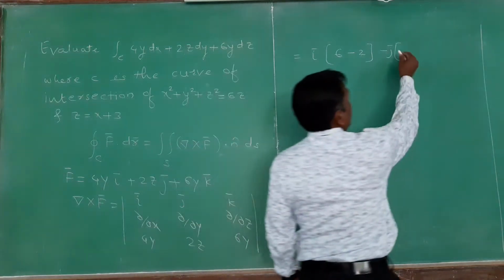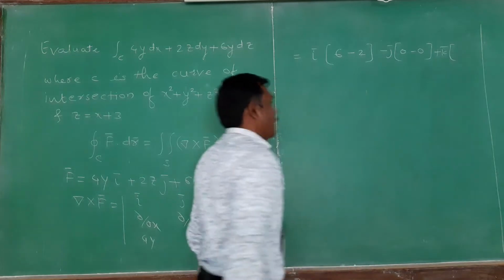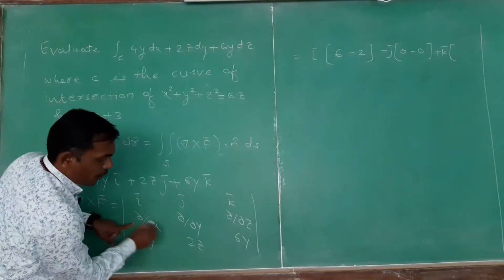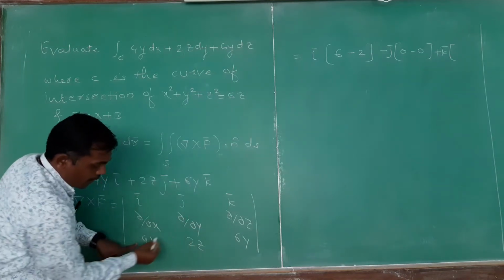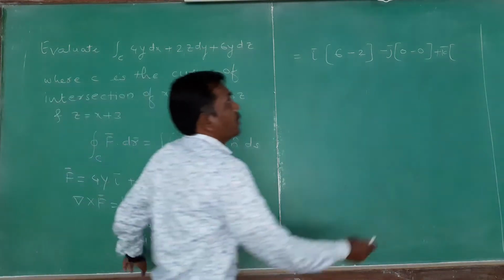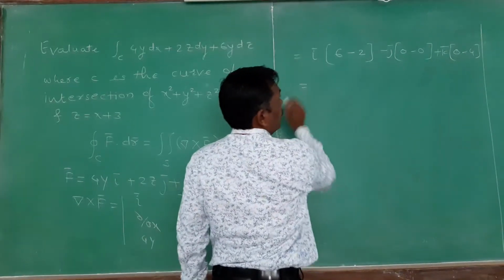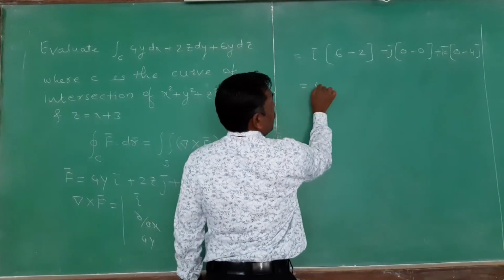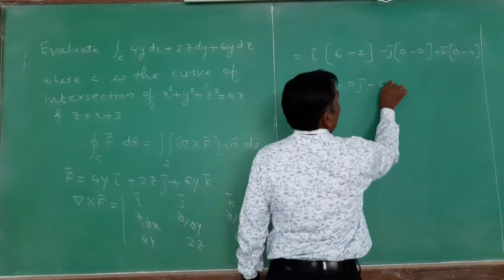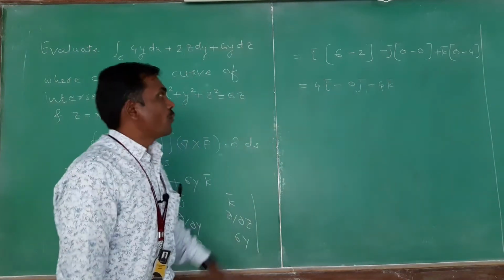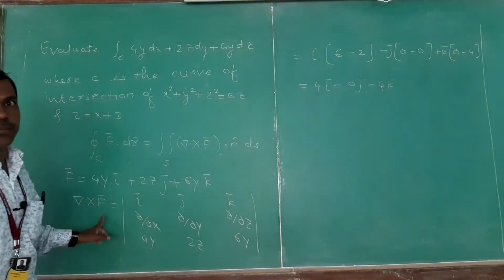So here 0 minus 0, plus k bar into, with respect to x derivative of 2z is 0, and with respect to y derivative of 4y is 4. So here 0 minus 4. So what will we get here? 4 i bar minus 0 j bar minus 4 k bar. So 4 i bar minus 4 k bar. This is our del cross f.